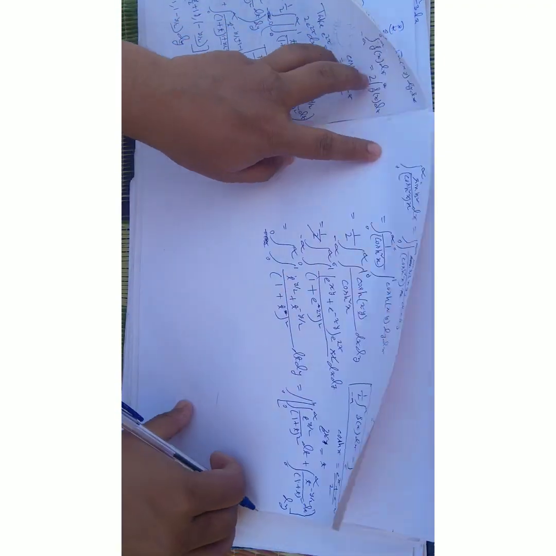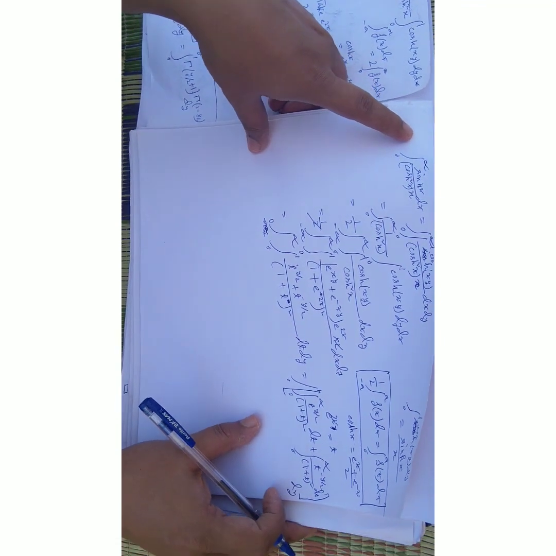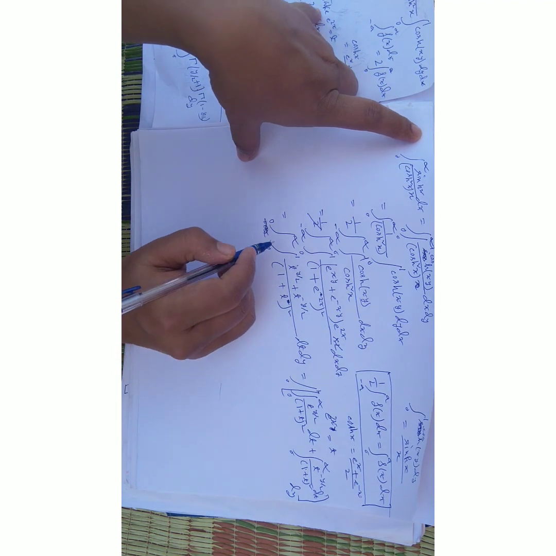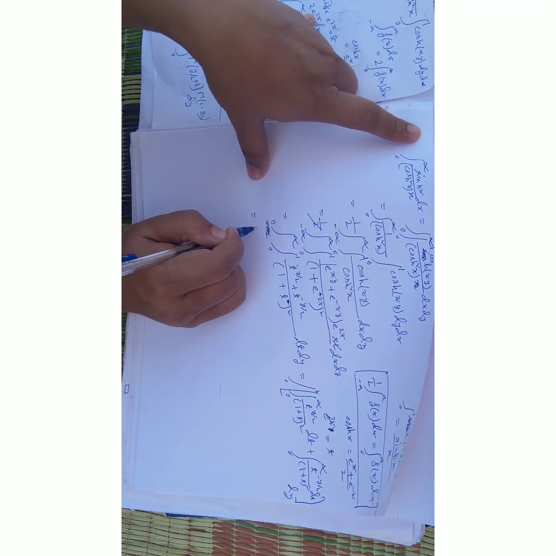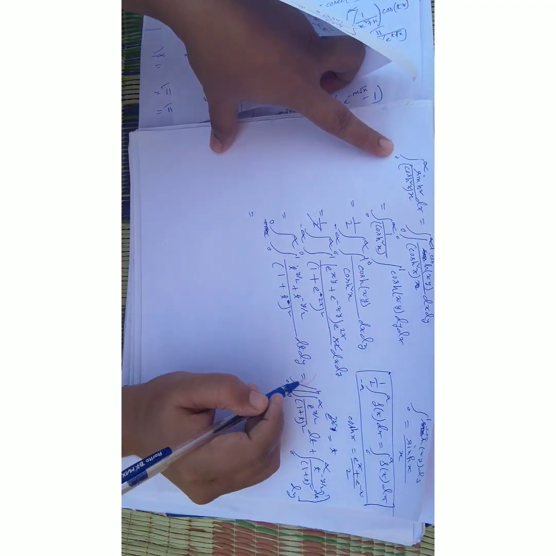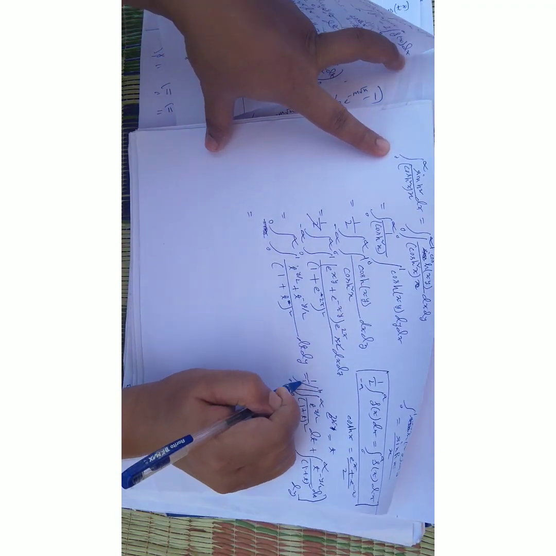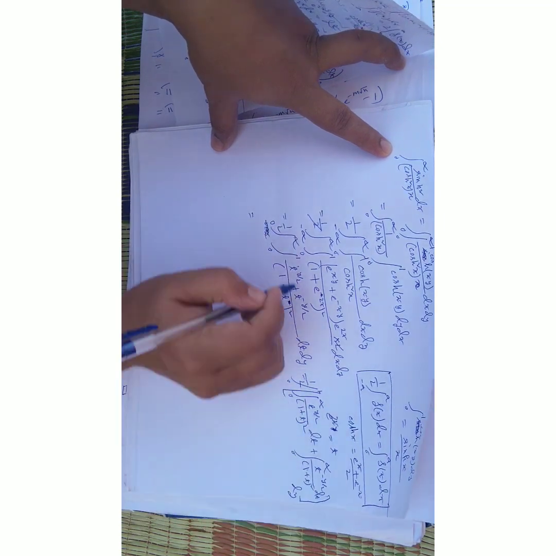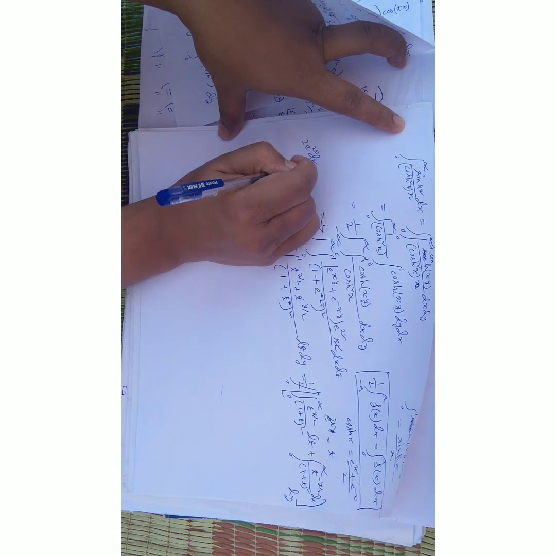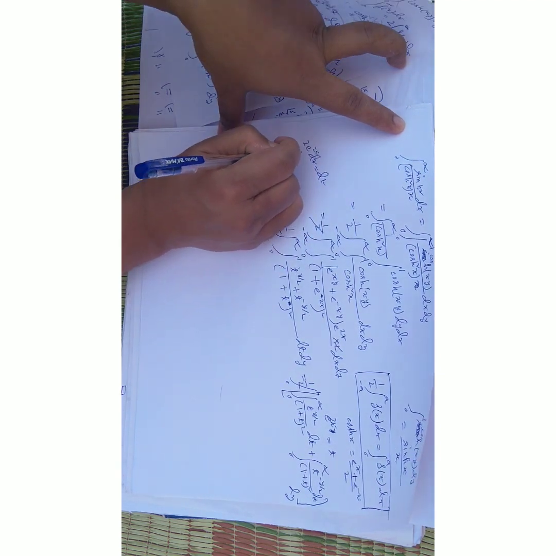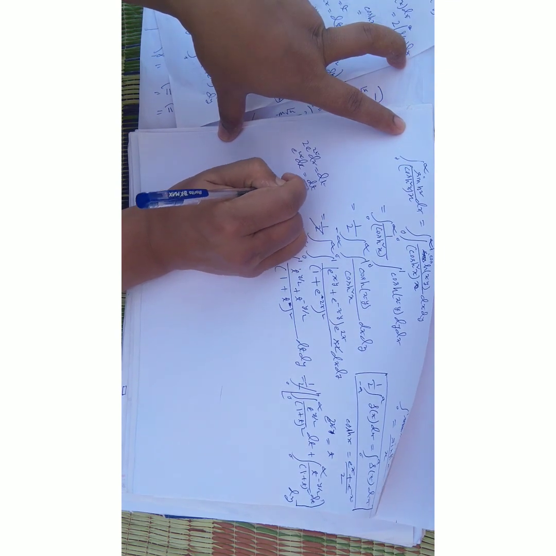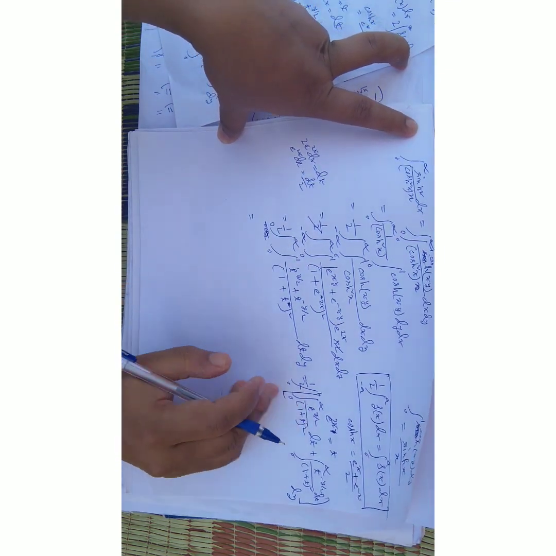And after that, when I differentiate, e to the power 2x into dx equals dt by 2. So it is half, and 0 to 1.